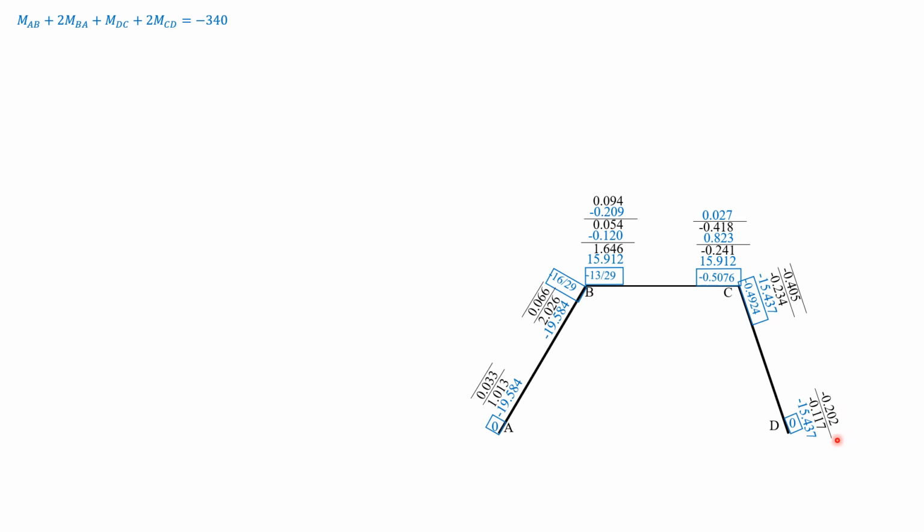Then lakh partially. Then distribute negative 0.209 times negative 13 over 29, 0.094 lakh partially. Negative 0.209 times negative 16 over 29, 0.115 lakh partially. 0.027 times negative 0.5076, negative 0.014 lakh partially. 0.027 times negative 0.4924, negative 0.013 lakh partially.